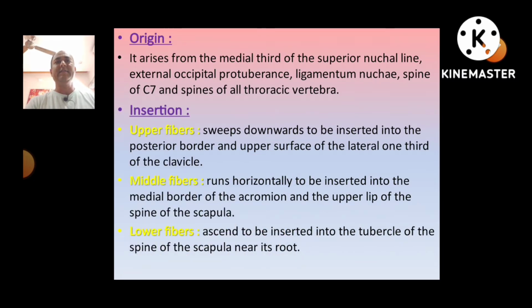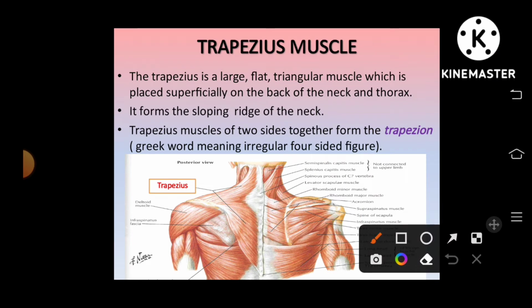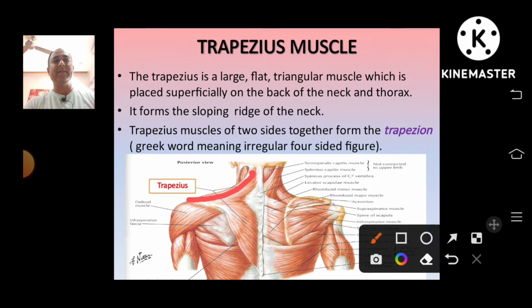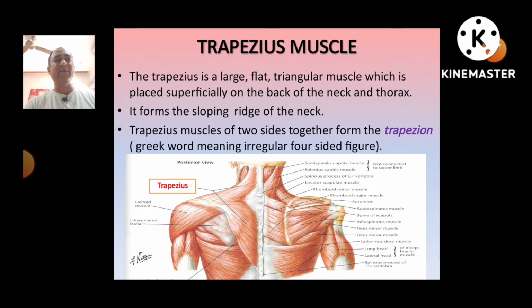The insertion: it has three types of fibers, upper fibers, middle fibers and lower fibers. You can see here, these are the upper fibers running downward and laterally. Then these are the middle fibers running horizontally towards the lateral side, and these are the lower fibers running upward and laterally.